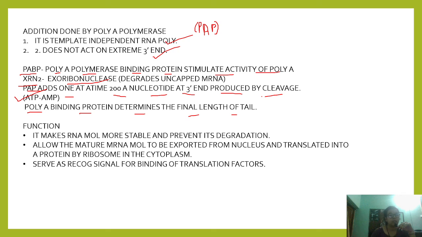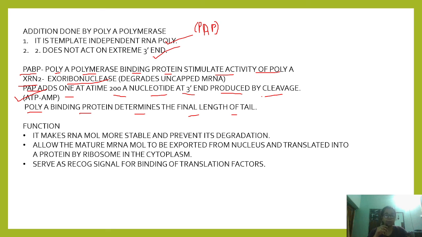What will be the final length of the tail, that is 200 to 250 nucleotides, will be determined by them. This is all about the polyadenylation step, and what is the function of it? It will make the RNA more stable and prevent it from degradation. Both capping and polyadenylation have the main purpose of determining the stability of the mRNA, so that it will help us to make the protein.